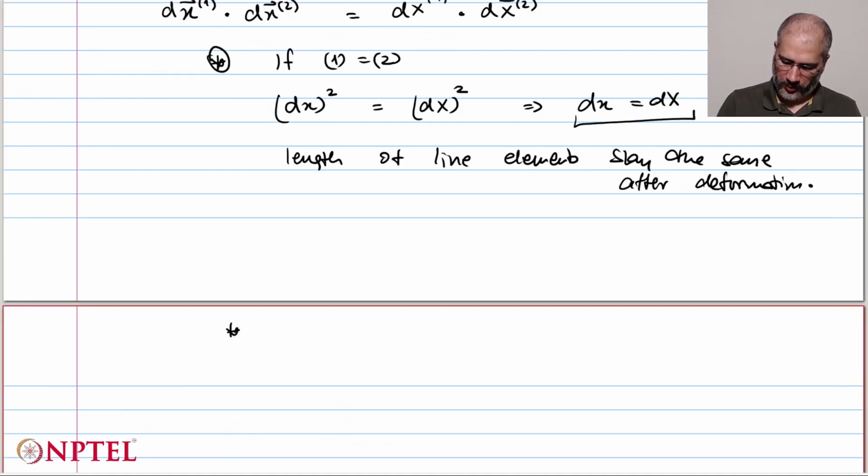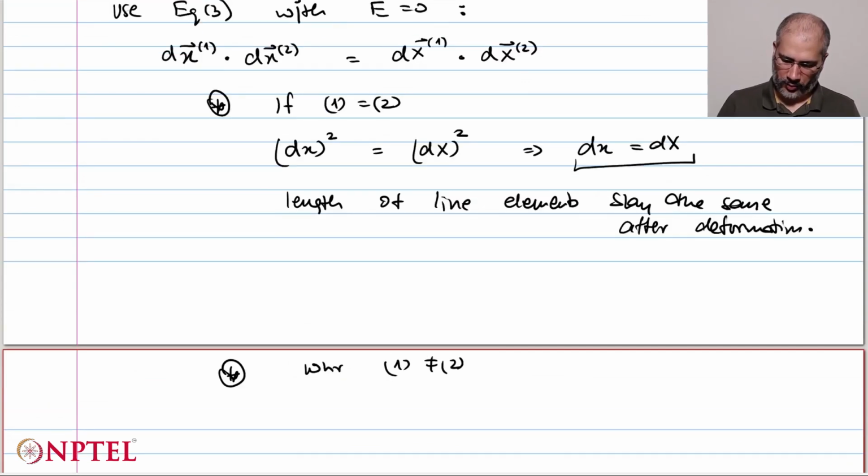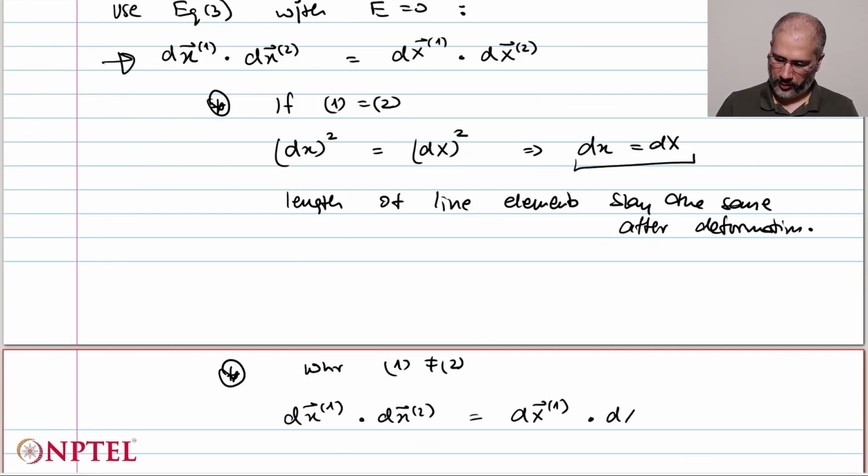Alright, so now let us take a situation where 1 is not equal to 2. So we are indeed talking about two vectors which are making an angle in the undeformed and the deformed configurations. So now from this equation that we had, we have d small x1 dotted with d small x2 is d capital X1 dotted with d capital X2.